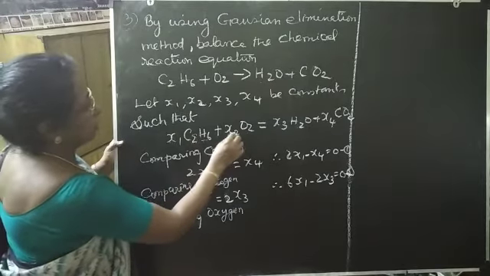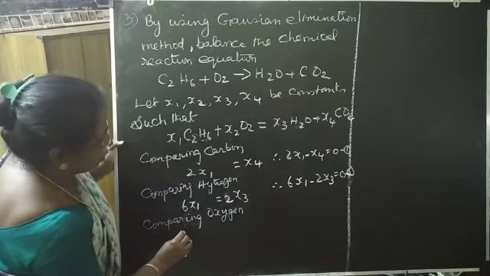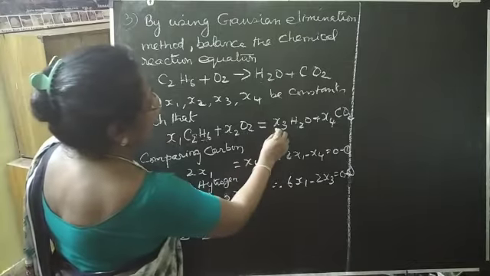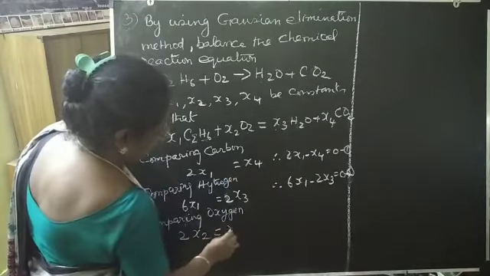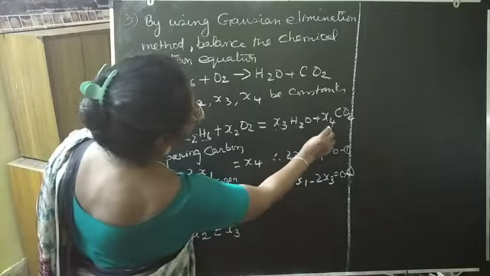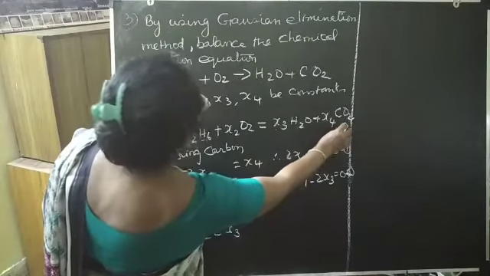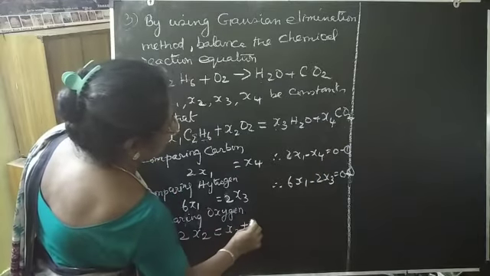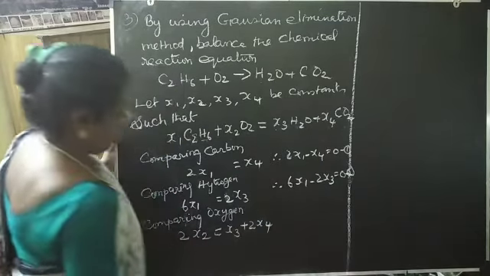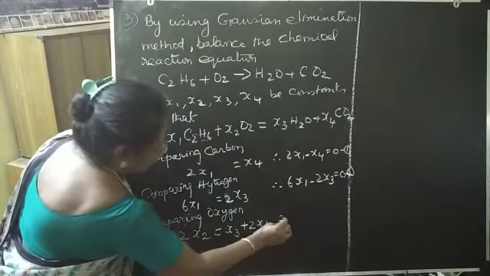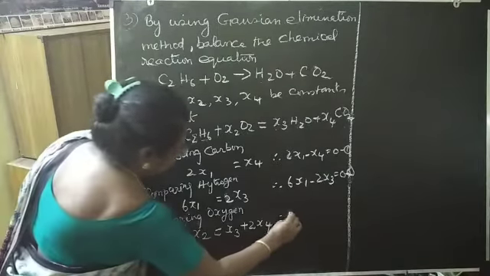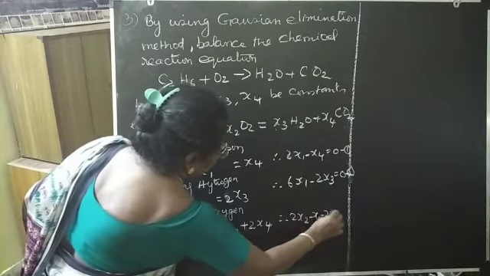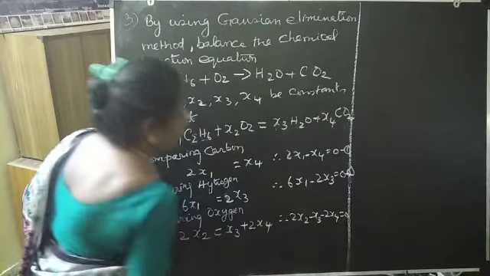Here there are 2 oxygen, so 2x2 is equal to, this side you have 1 oxygen, so x3, and here you have 2 oxygen, so 2x4. Therefore we get this equation as 2x2 minus x3 minus 2x4 is equal to 0.